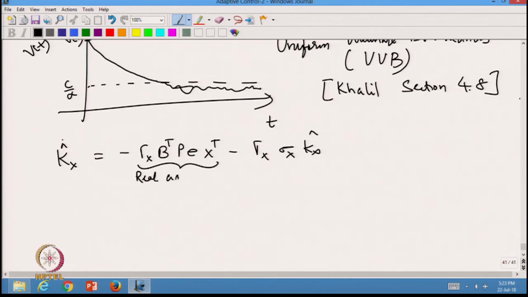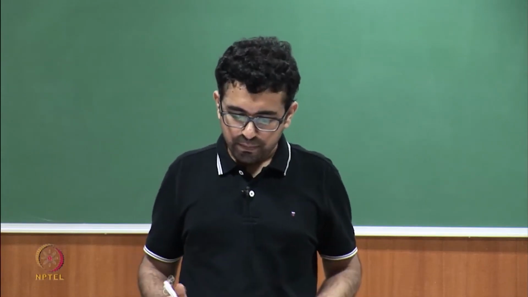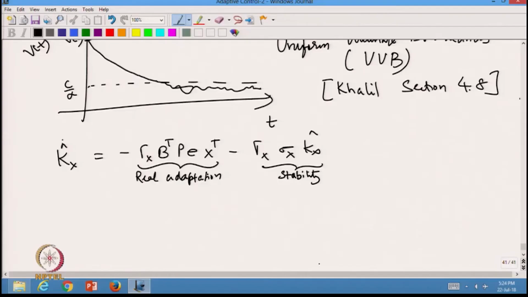This term provides the adaptation for k x hat, and this term, which is the damping term, is added for stability, and it prevents the phenomena of parameter drift. So, in the case that there is a disturbance, this makes sure that the estimates are always bounded, and we do not need to make any assumptions about the knowledge of the upper bound of the disturbance or the knowledge of the unknown parameters.